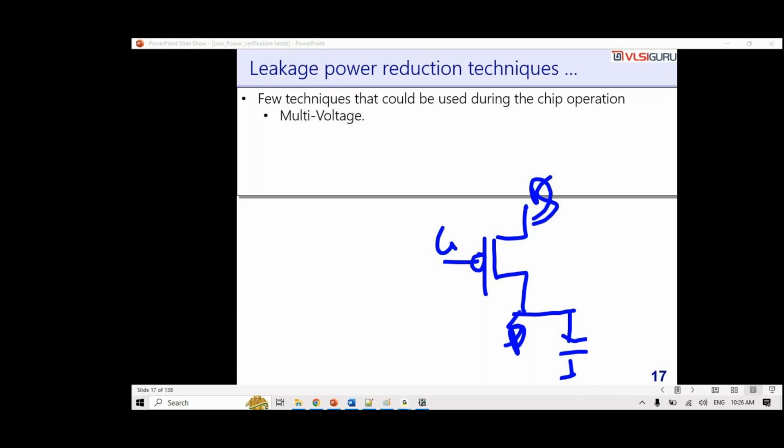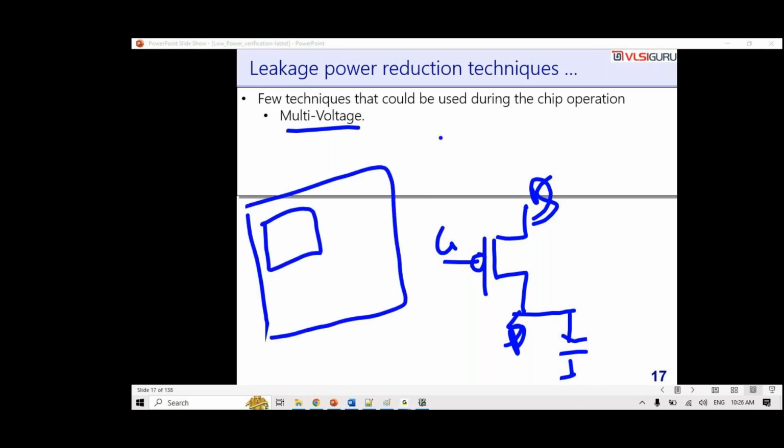So in this case, what does multi voltage refer to here? Let's say I have a design which has one block working at 1.2 volts, one block working at 0.9 volts, one block working at 1.5 volts. Blocks means not the transistors. All the transistors inside that block will be working on that voltage.